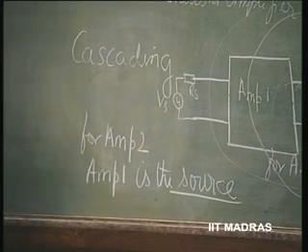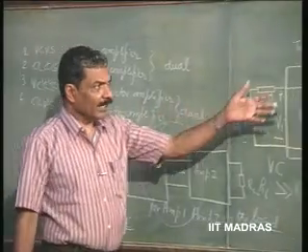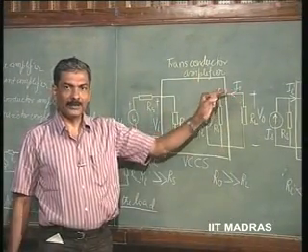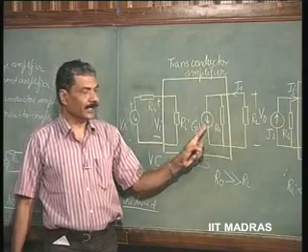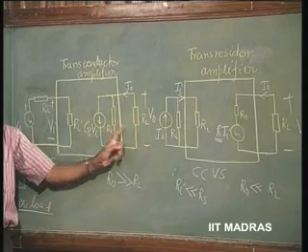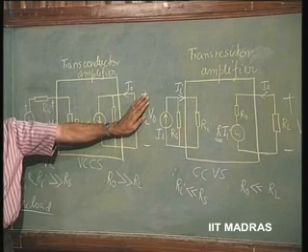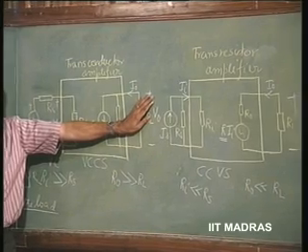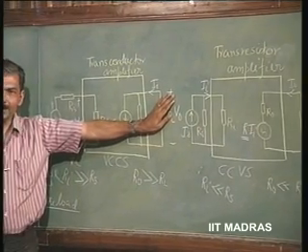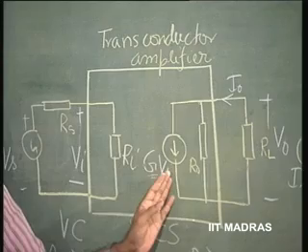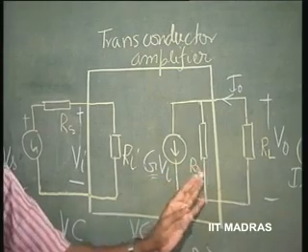Now, you can see here, take any amplifier, this output of the amplifier is already represented as a current source in shunt with this resistance R naught. So, this load can be removed now. This will be going to another amplifier where RL is going to be the input resistance of the next stage. It is already represented as G times Vi shunted by R naught.